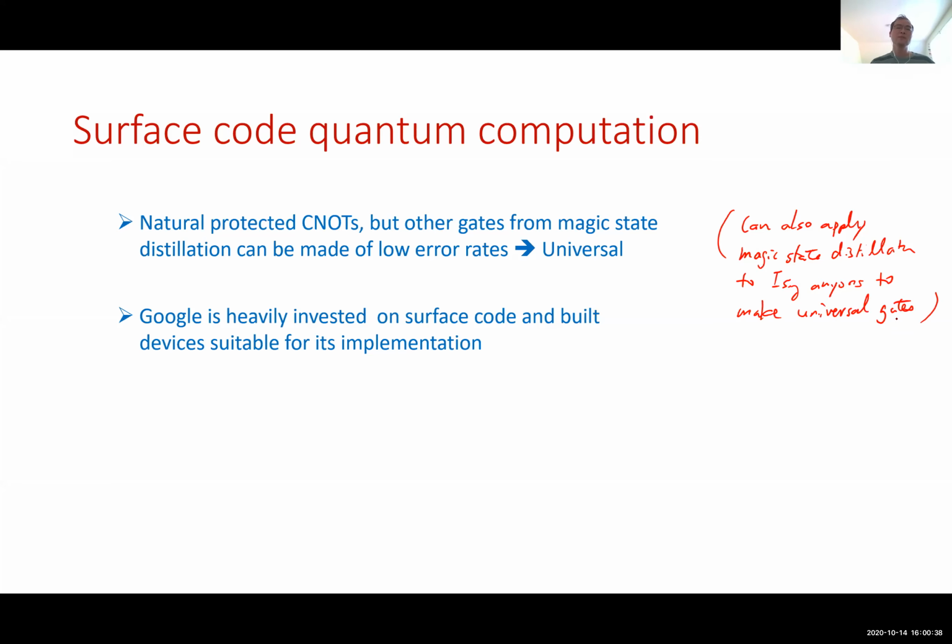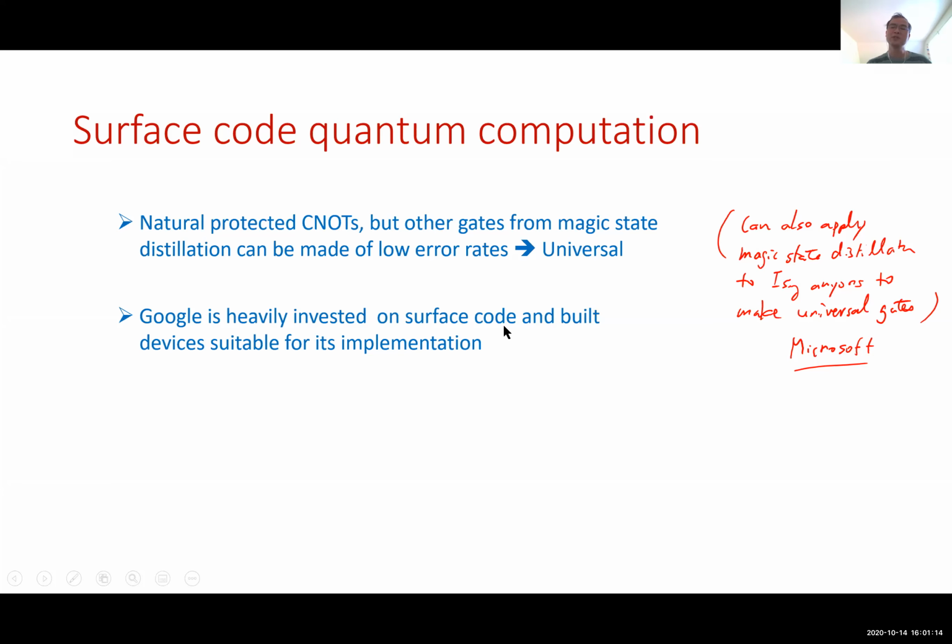Okay, and perhaps this is where Microsoft is, what Microsoft is betting on. Microsoft wants to implement topological quantum computation using the Ising anyon. So that's why they invest a lot in finding these Majorana zero modes. Google, on the other hand, has adopted the surface code.